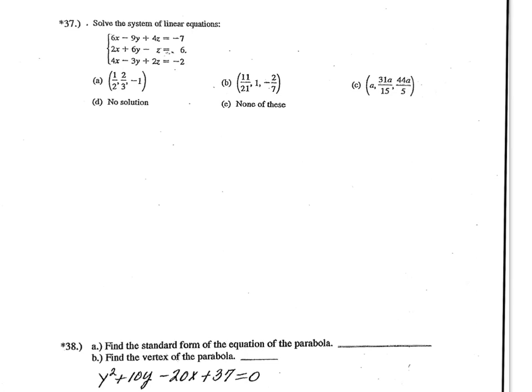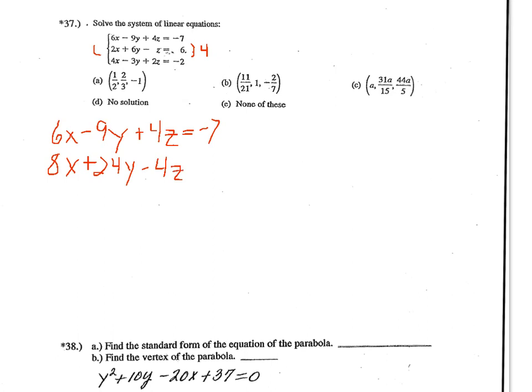So I'm going to take the middle equation and multiply it by 4 in order to eliminate it with the top equation. So I have 6x minus 9y plus 4z equals negative 7, and 8x plus 24y minus 4z equals 24.